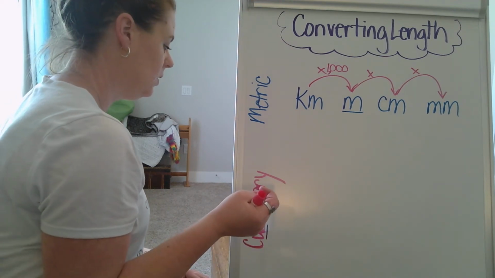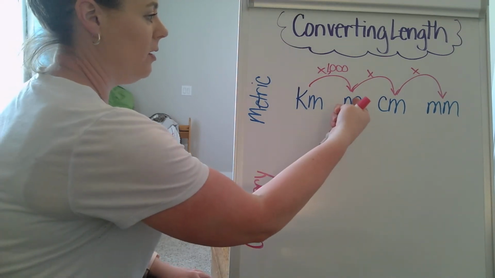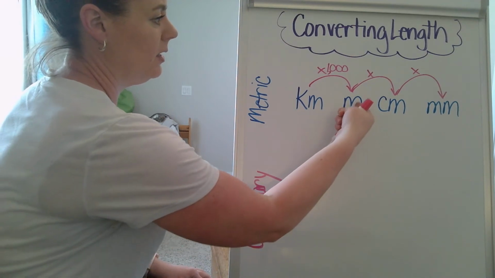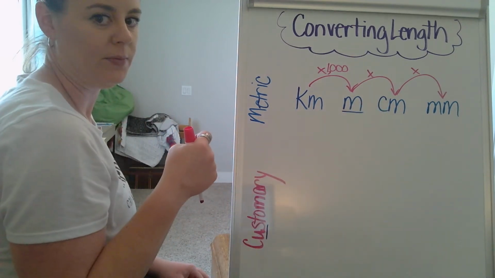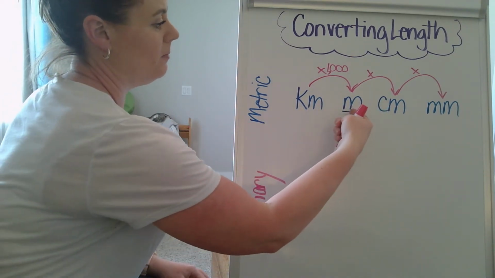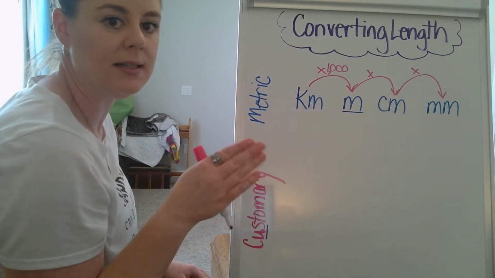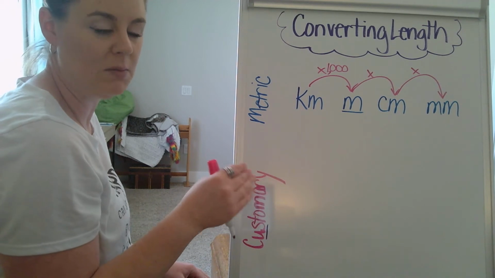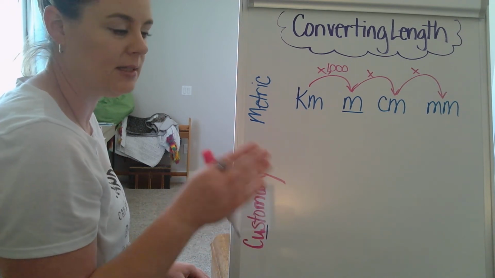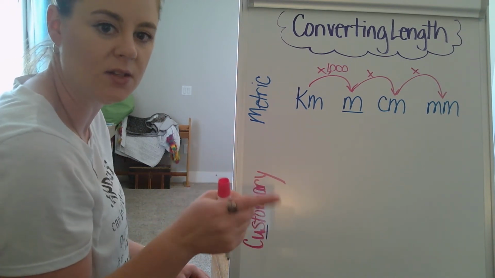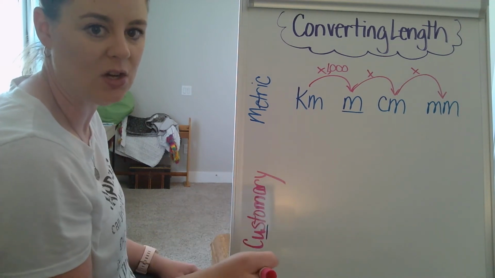Okay? Now we're going to go from meters to centimeters. When you're going from meters to centimeters, centi means 100. Okay, centi means 100. There's 100 cents in a dollar.